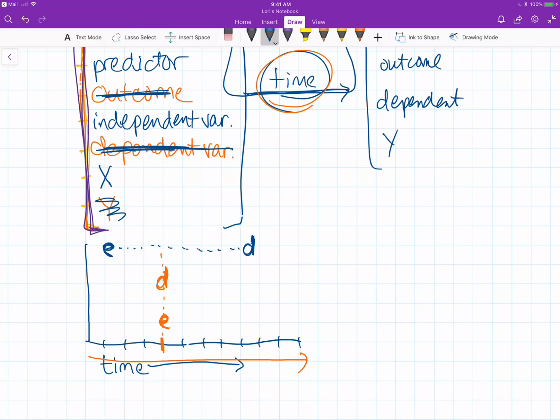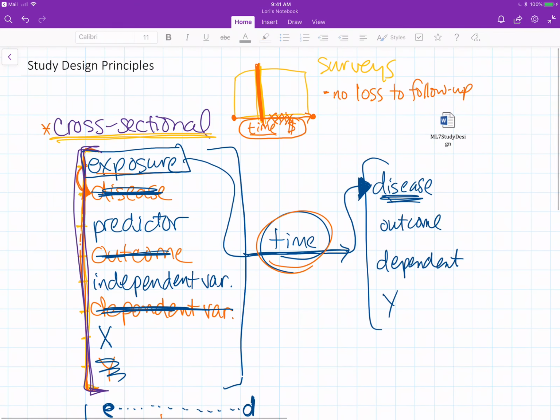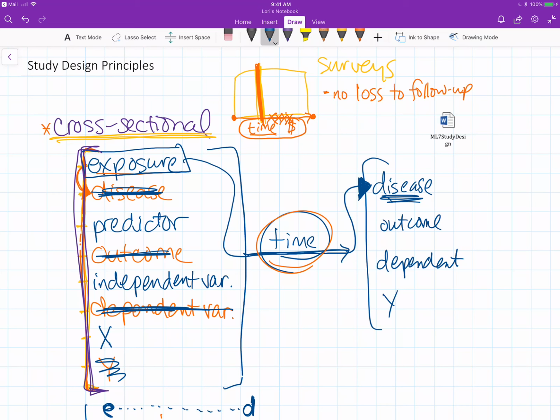And so sometimes it's helpful to note what it's being compared to. So if the exposure and the disease, the dependent and independent variables, are measured at the same exact time, then that is the key feature of a cross-sectional study. It's in the name. They've named it cross-sectional so that you would know that there's this cross-section where we're measuring everything.